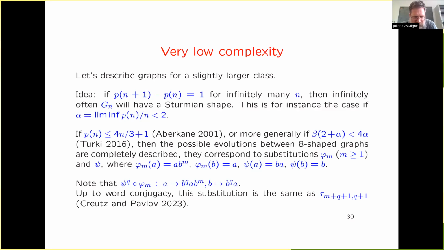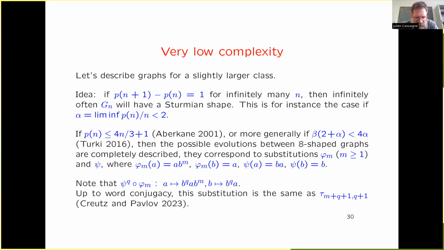And so we have an infinite family of substitutions, and we can make an S-adic construction with those substitutions, composing them in any order to construct the infinite word. So as soon as you use infinitely often phi m with m at least 2, then you will get something which is not Sturman.